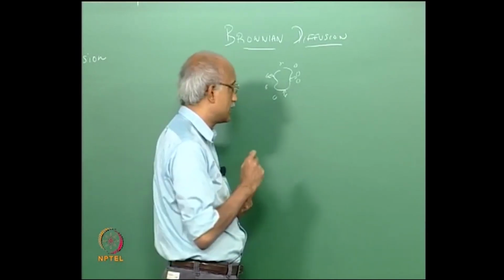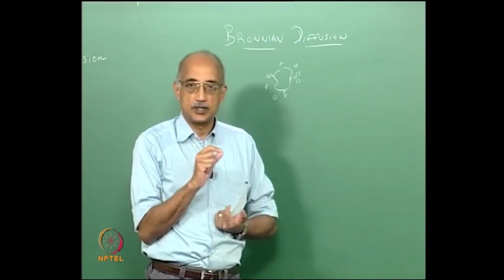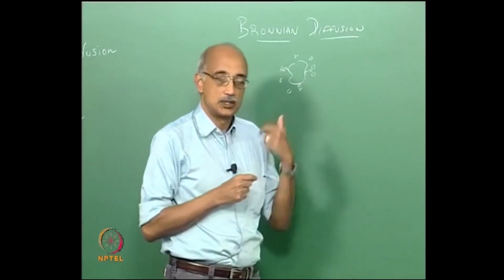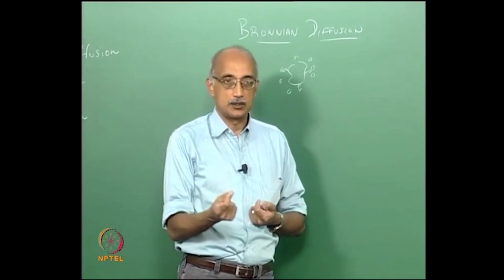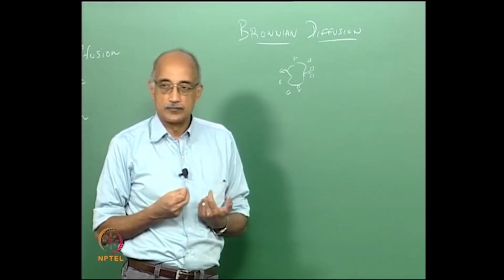However, there is a net movement of the particle due to these collisions of the molecules surrounding it, just like in the case of thick diffusion, there is a net movement of the molecule because of the collisions that it undergoes.